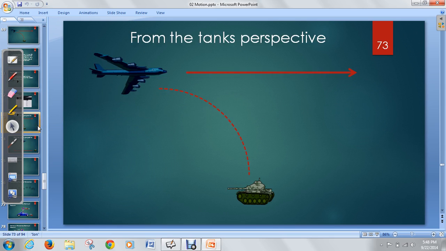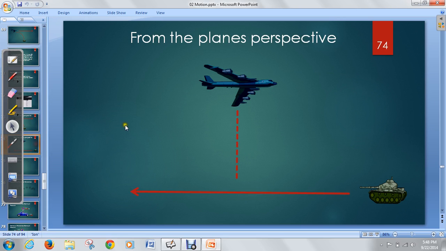So for example, from the tank's perspective, in this situation, they see this arced path, and we see this arced path. The bomb comes along the sky, comes down, and hits them in this arch as the plane moves along. But from the plane's perspective, because they're moving, they see the bombs dropped, but they're moving the same speed as the bombs, so they see them going straight down.